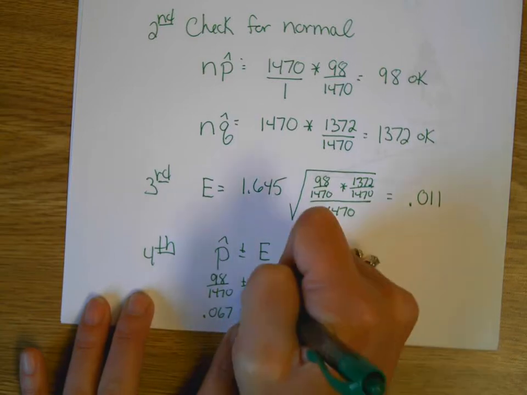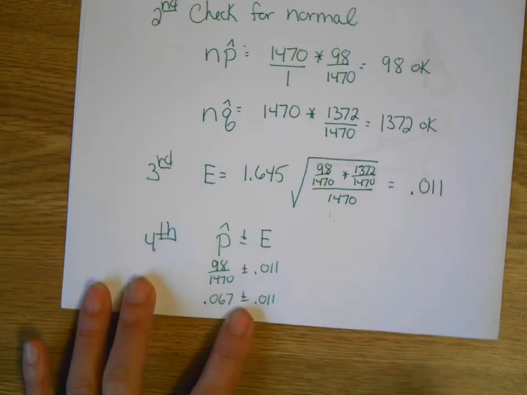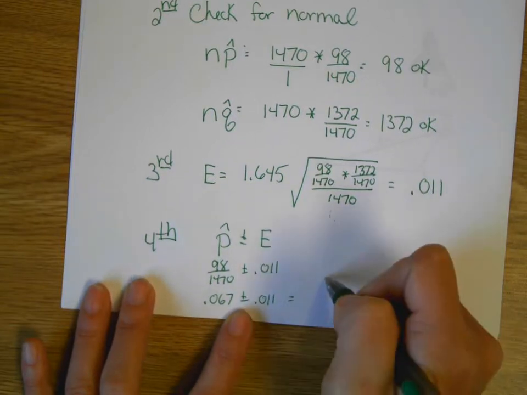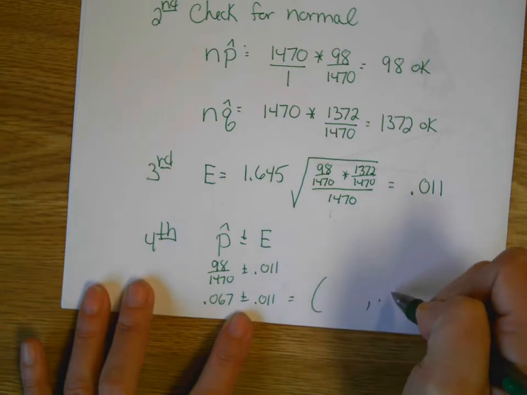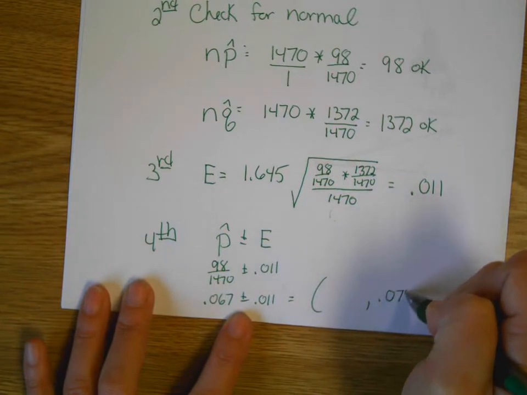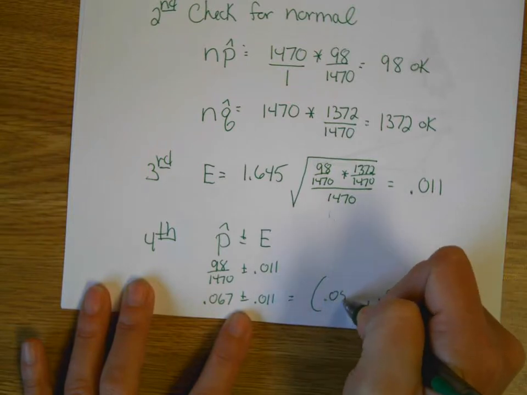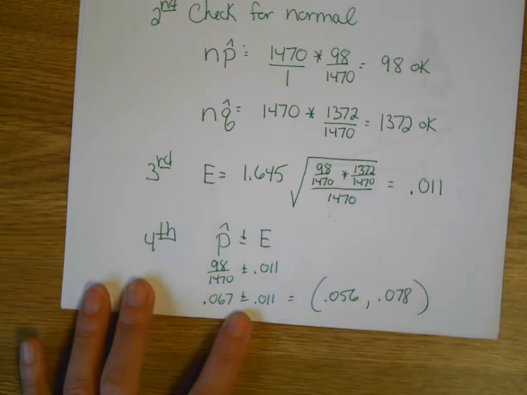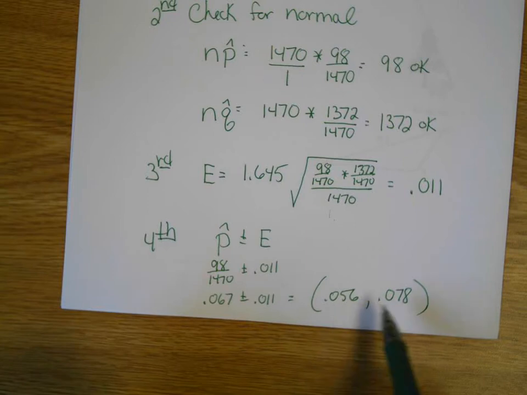Plus or minus that 0.011 that we just got. So then we turn that into 0.078 and 0.056. So we would expect the percentage of the population to be between about 5.6% and 7.8%.